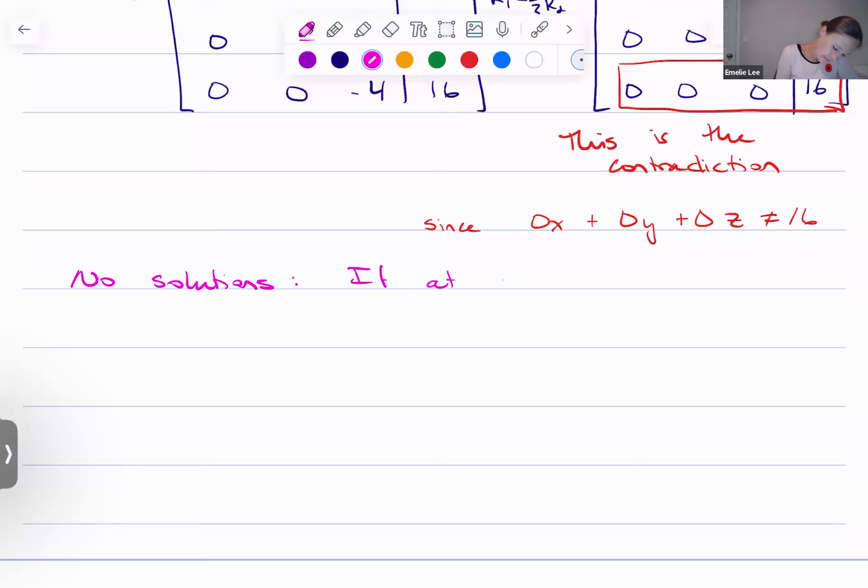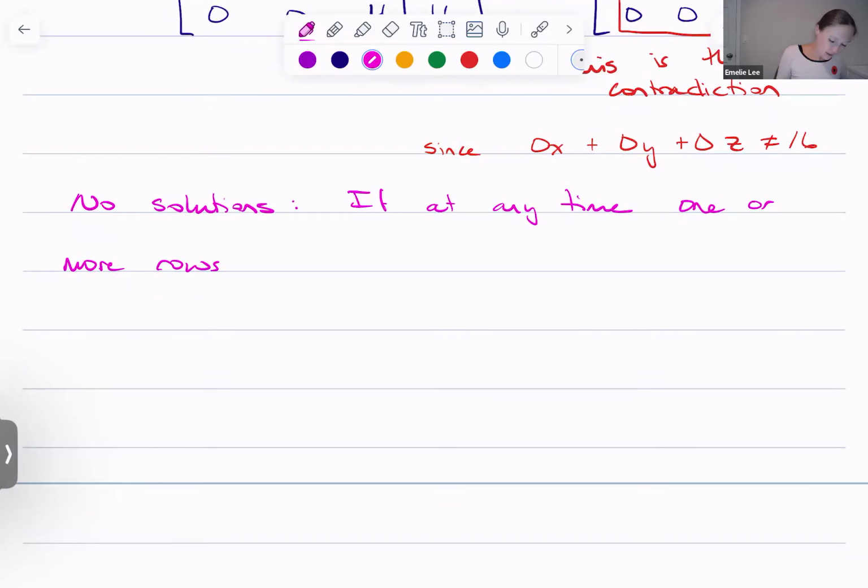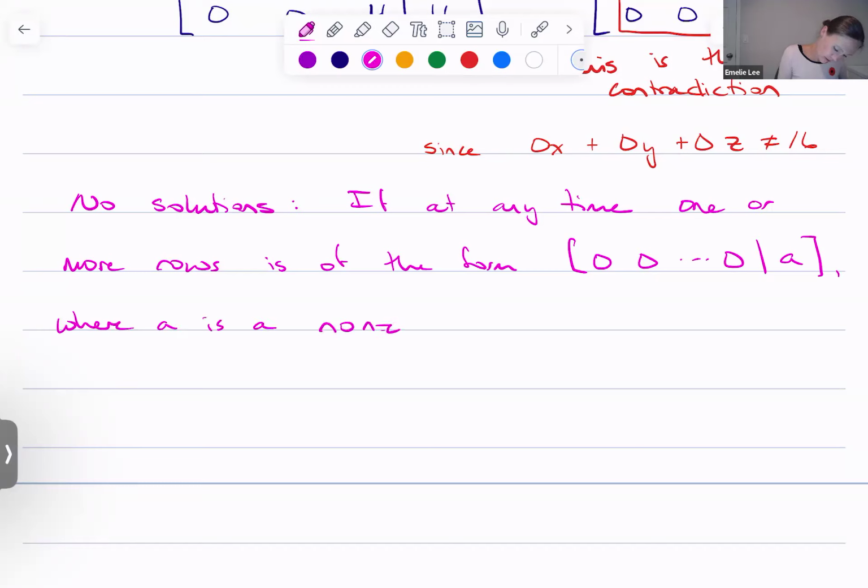If at any time one or more rows is of the form 0, 0, 0, so all zeros, gives an answer of A, where A is a non-zero number.